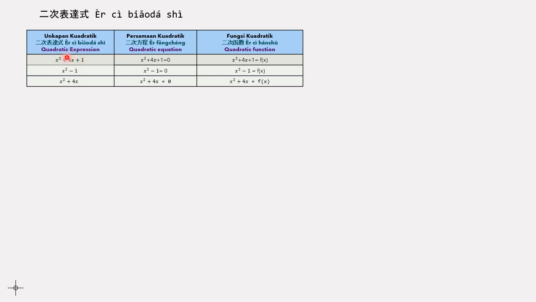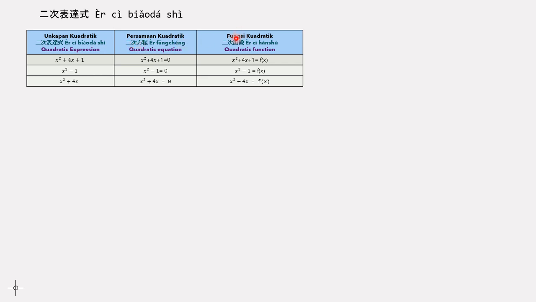We call them as expression 1, 2, 3. These are examples, okay? So wherever you put equal to 0, it will be changed to persamaan quadratic, which we call also in English is quadratic equation. So you can see equals to 0, equals to 0, equals to 0. That is called an equation. Okay, so it is listed here in Chinese.